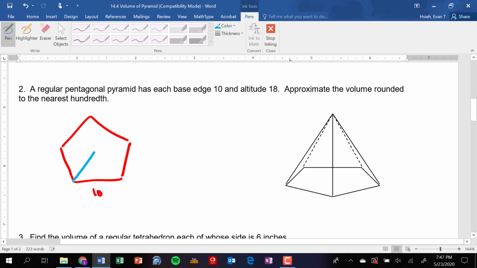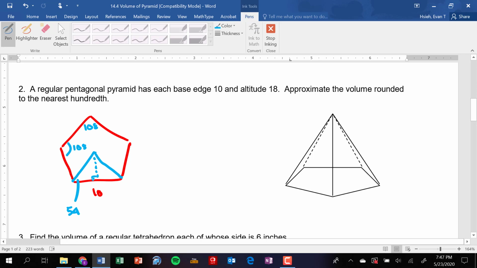In chapter 10, we talked about these regular polygons. And we know that we can find the angle measure for each of these in a regular one. In the case of a pentagon, it's going to be 108. So I know that this angle here is actually going to be 54.